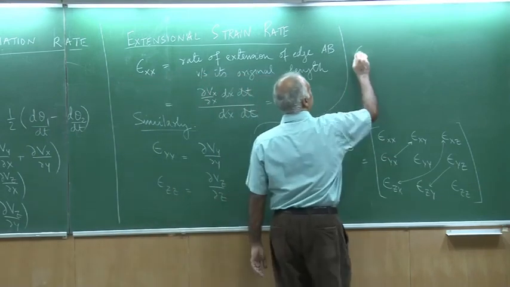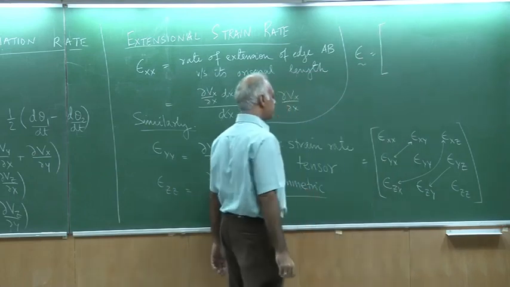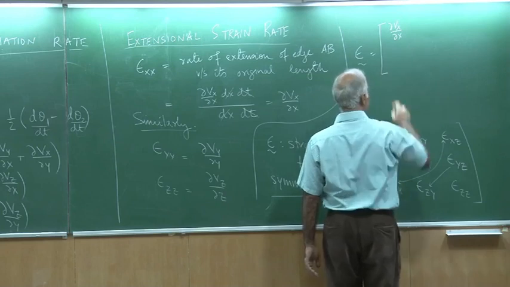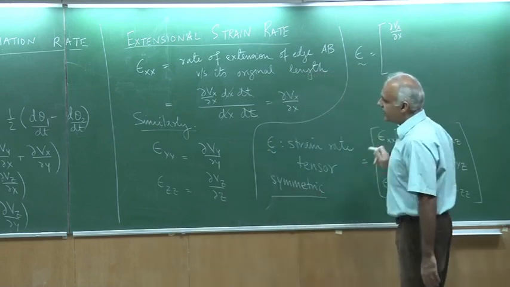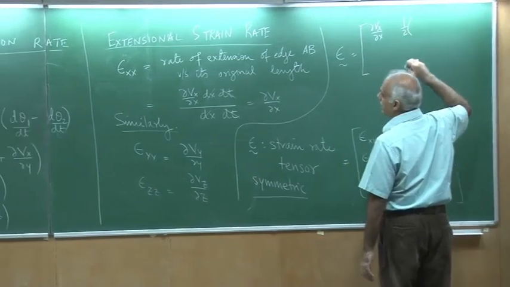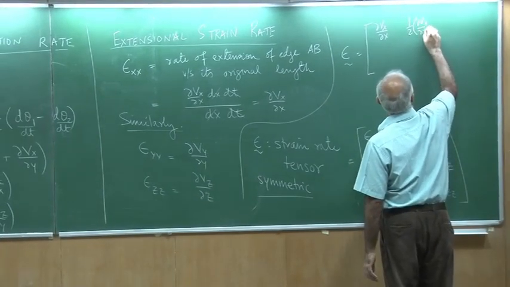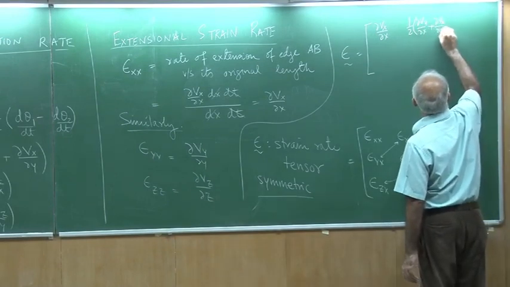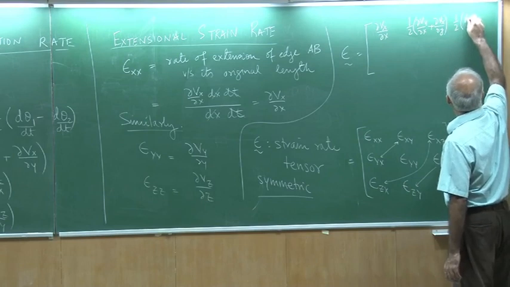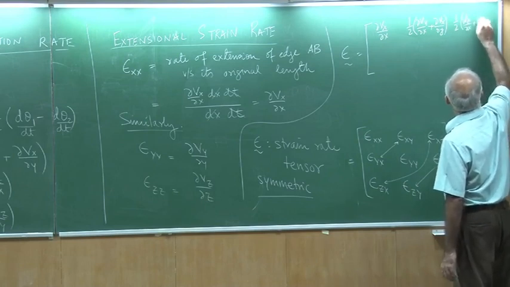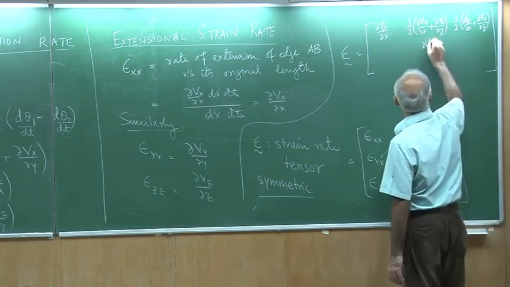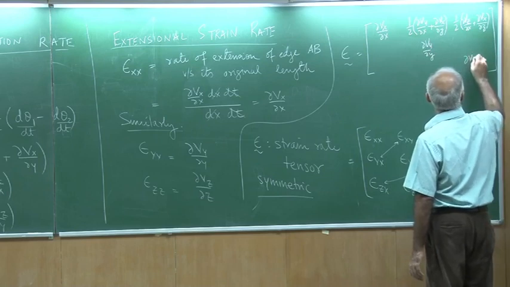So, if I had to write down E in terms of the quantities here, this would turn out to be del Vx by del x, that is for Exx, and Exy I could take it down from over here, which is half of del Vy by del x plus del Vx by del y, and then the xz would be given as half of del Vz by del x plus del Vx by del z, and here I would have del Vy by del y, del Vz by del z.